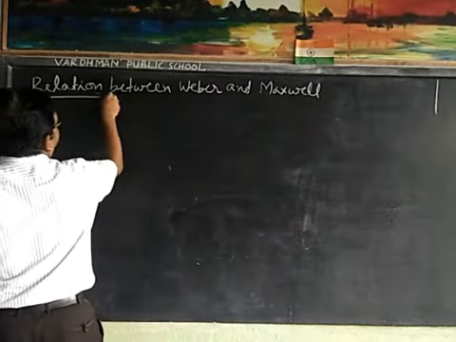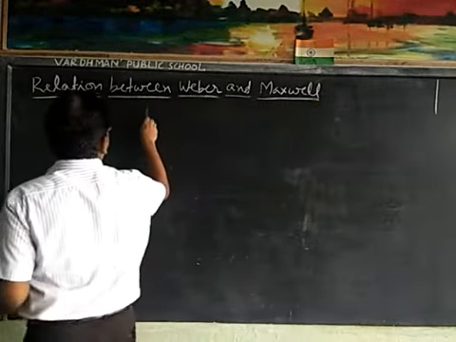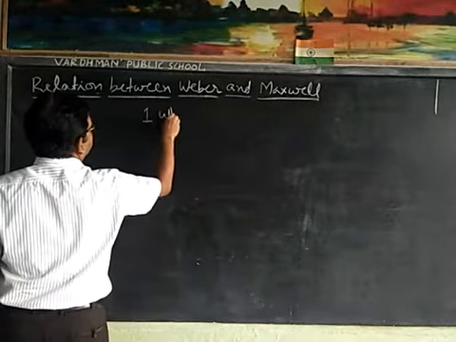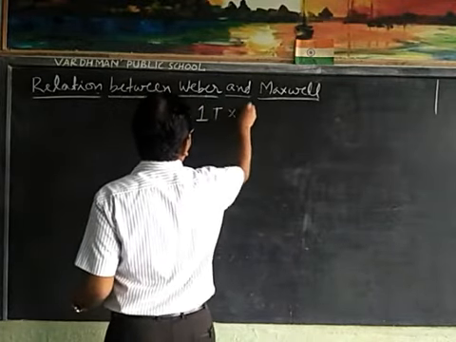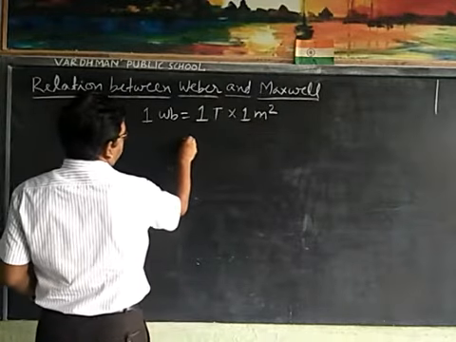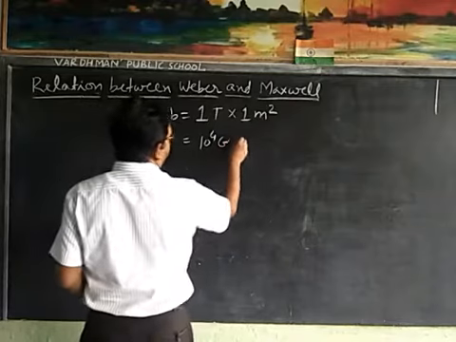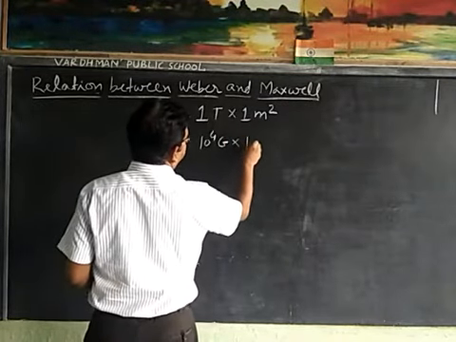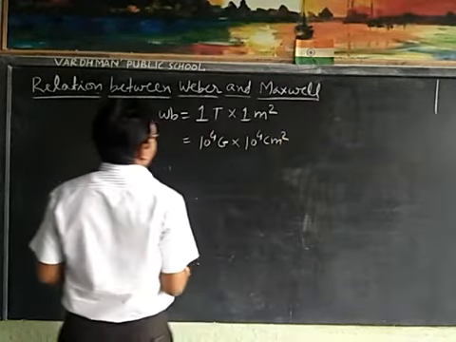Now we know 1 Weber is equal to 1 Tesla into 1 meter square. 1 Tesla is equal to 10 power 4 Gauss, and 1 meter square is equal to 10 power 4 centimeter square.